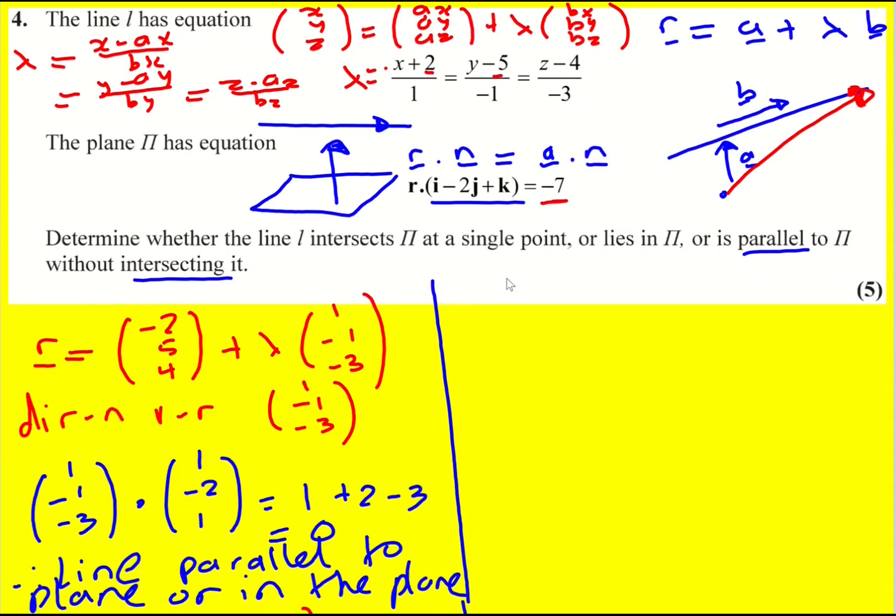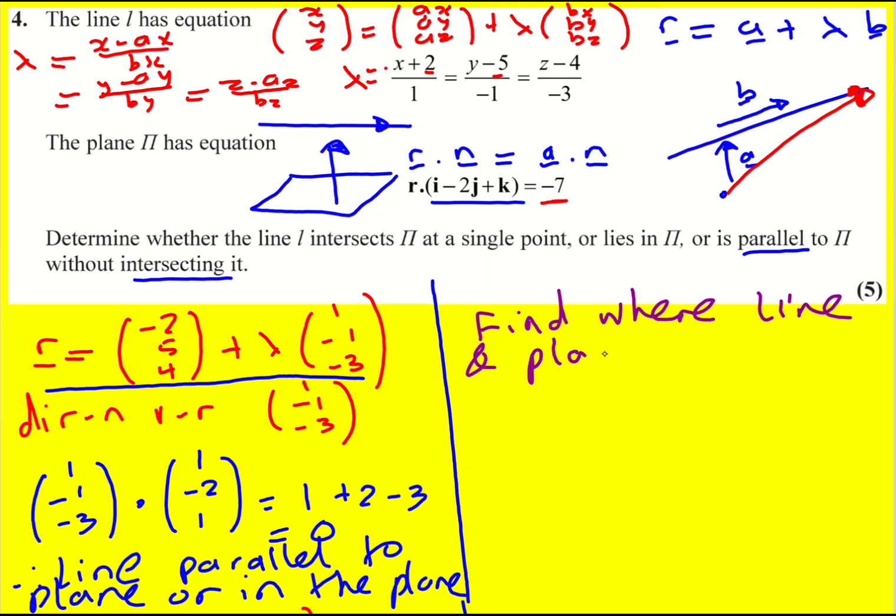Okay, method two is to focus actually on where it intersects, if indeed it does. So find where line and plane intersect.